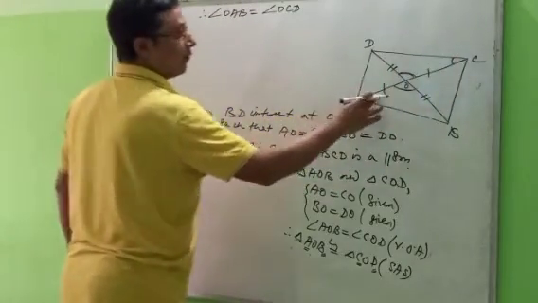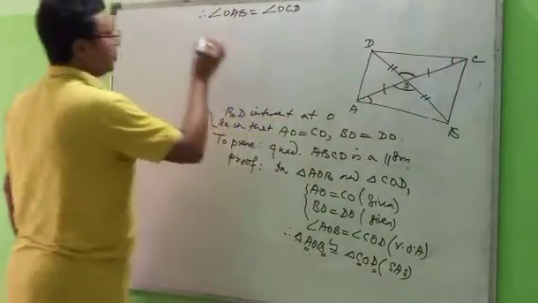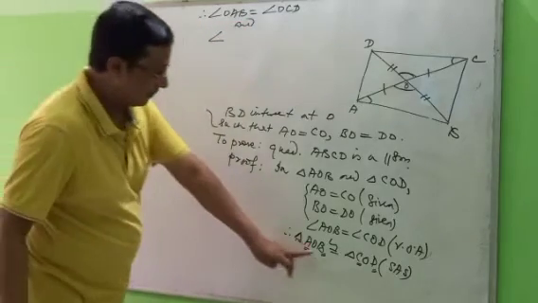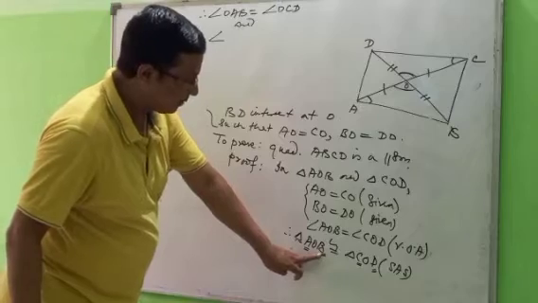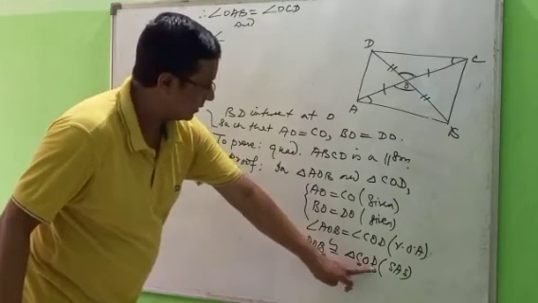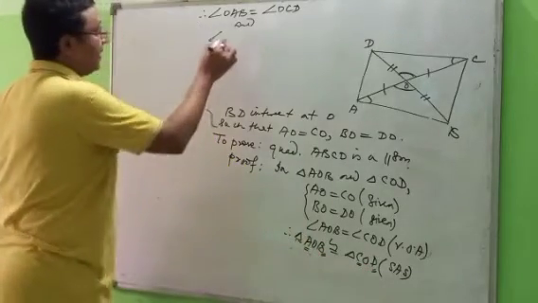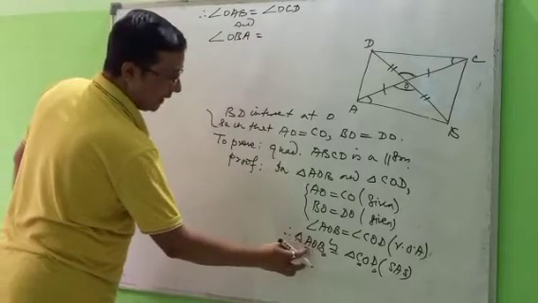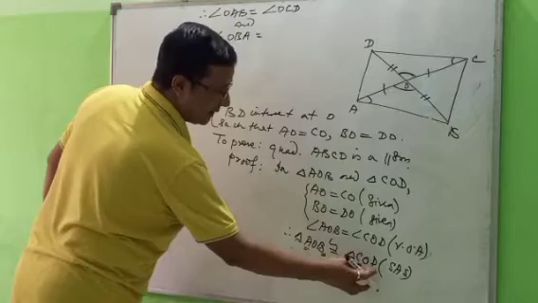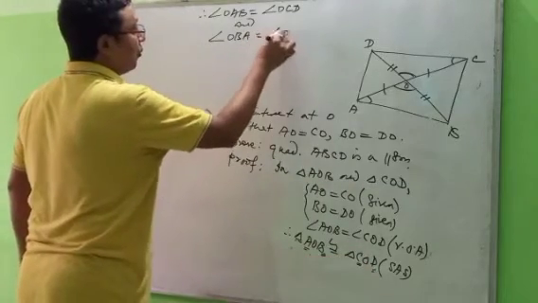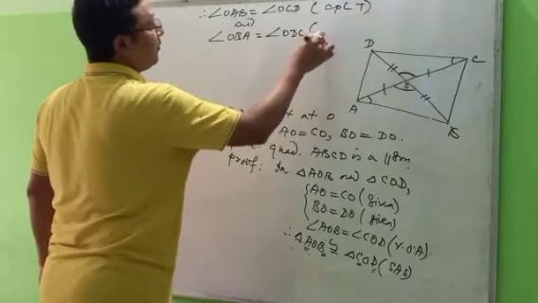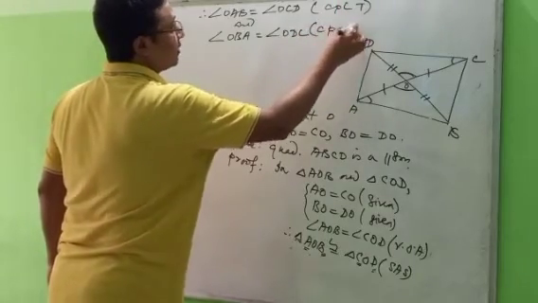They form a pair of alternate interior angles. Angle B corresponds with angle D, that means angle OBA equals angle ODC. You have got these from the congruency of the two triangles.